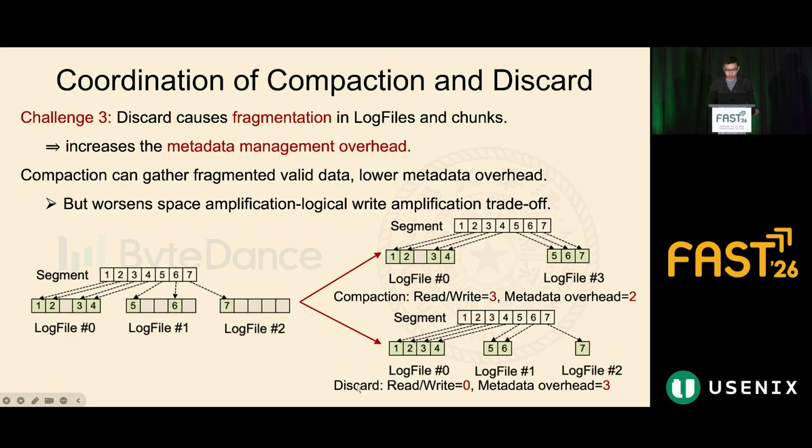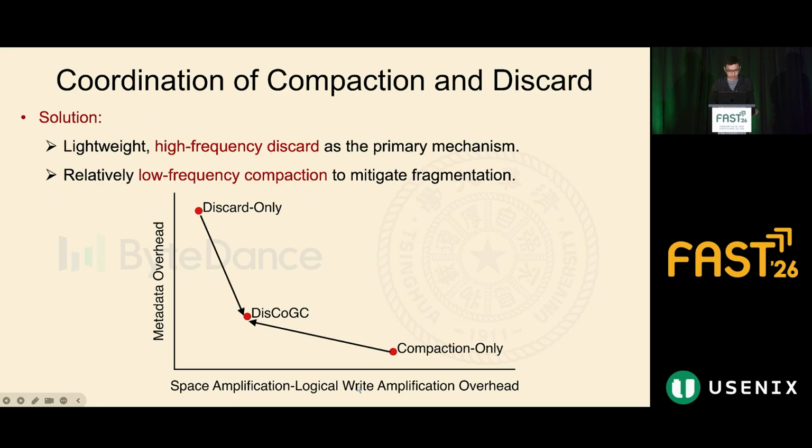Compaction can prevent fragmented log files and chunks by moving data, but incurs write amplification. Discard is the inverse. Our solution is to use a lightweight, high-frequent discard as a primary mechanism and use relatively low-frequent compaction to mitigate fragmentation.